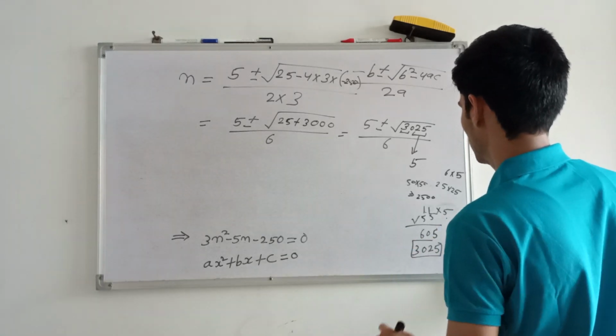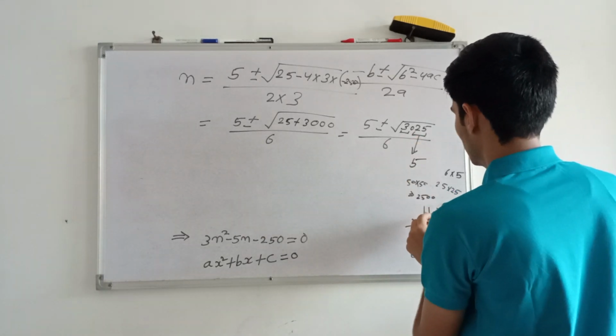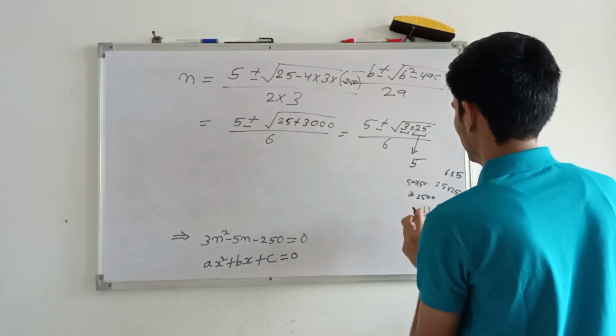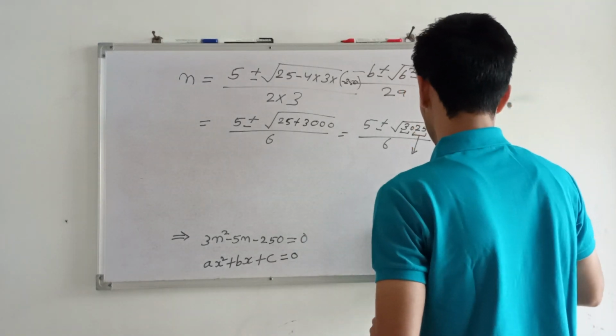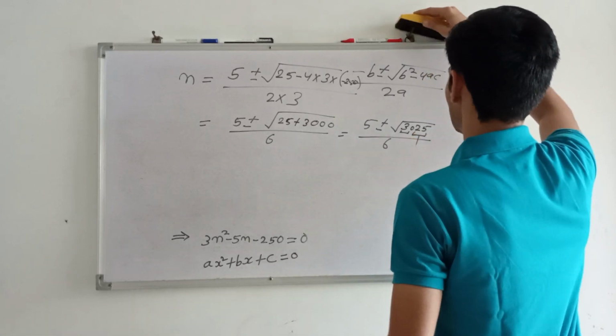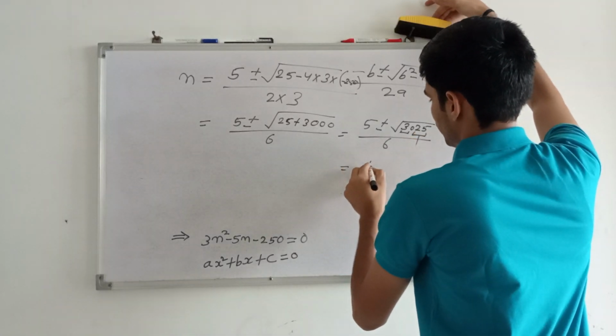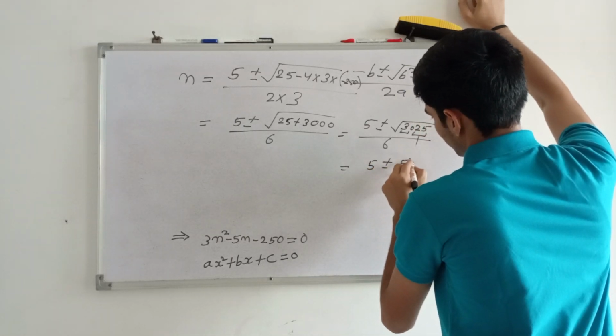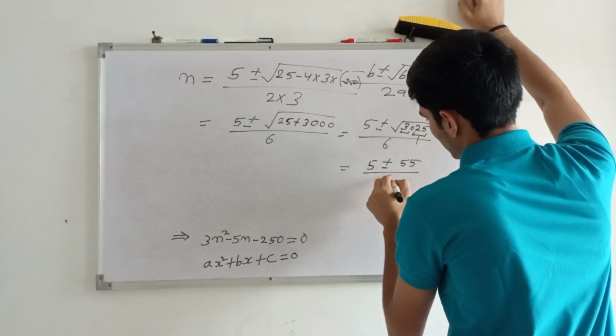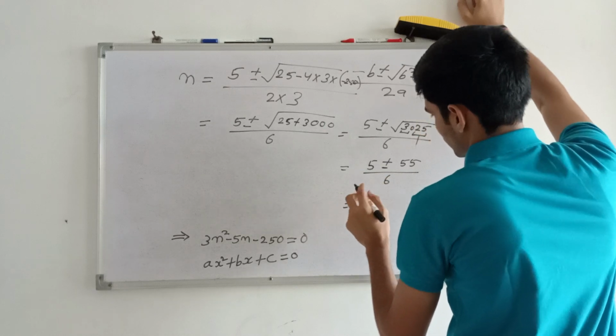Got it? So this is the square of 55. So this is how you can find it. What we will get is 5 plus minus 55 divided by 6.